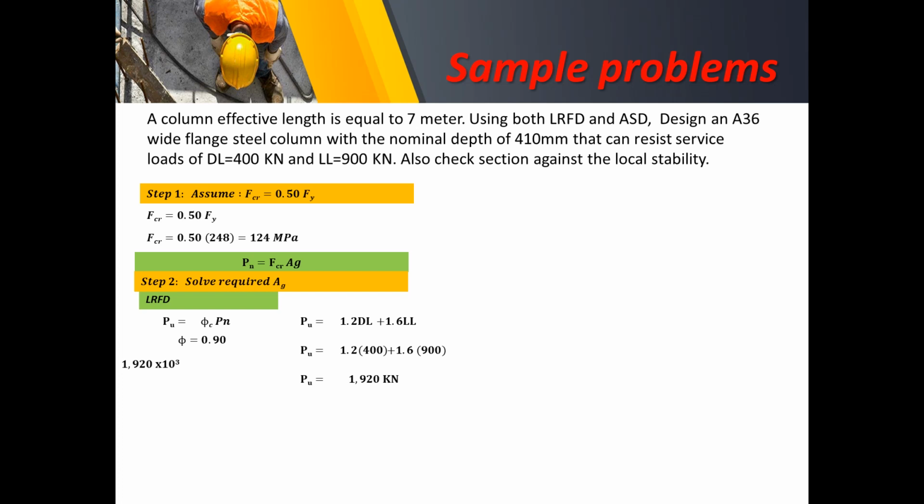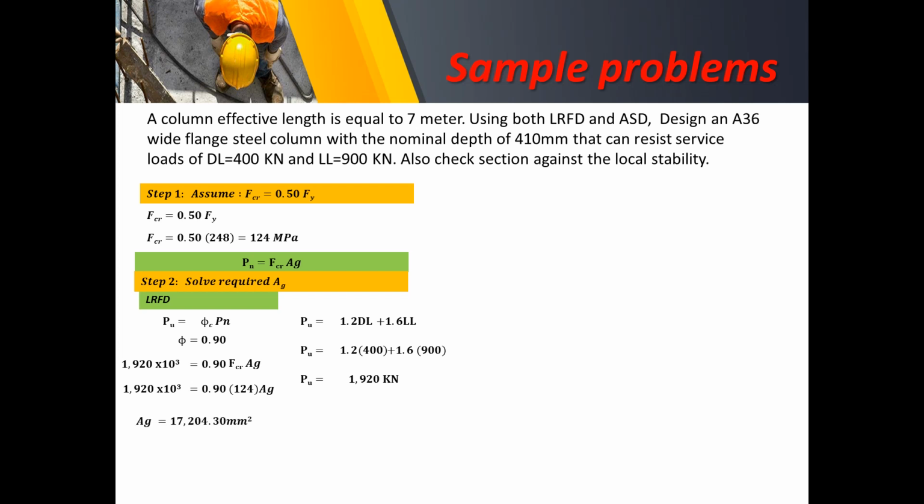So substituting that into the equation of LRFD, of course we must multiply that by 1000 to make it in newtons. Now Pn is actually Fcr Ag, and the estimated Fcr for a while is 124 Ag.